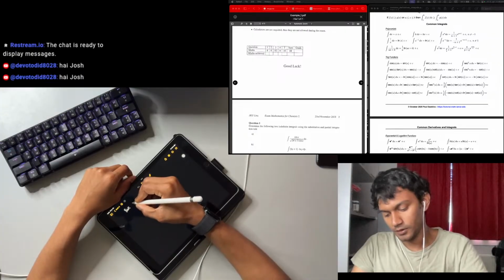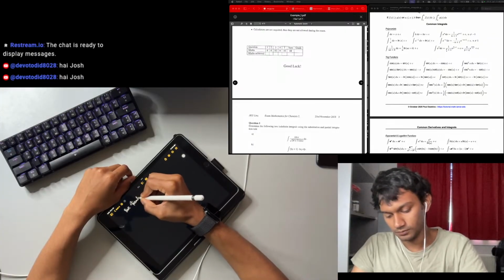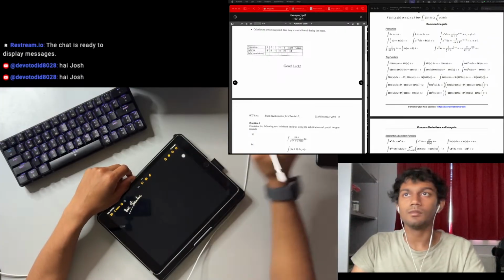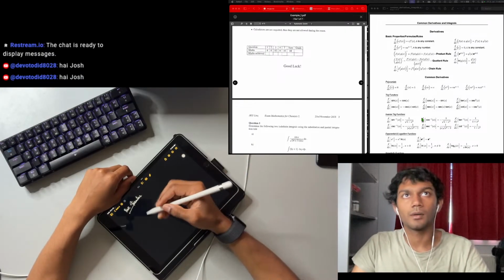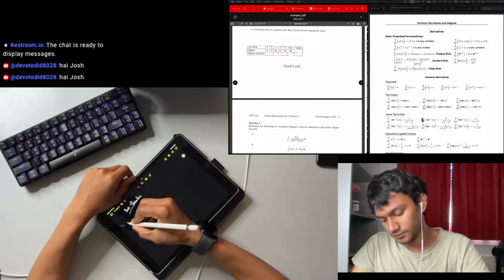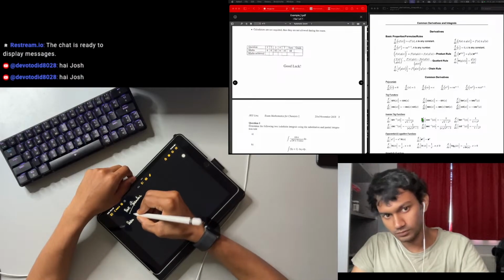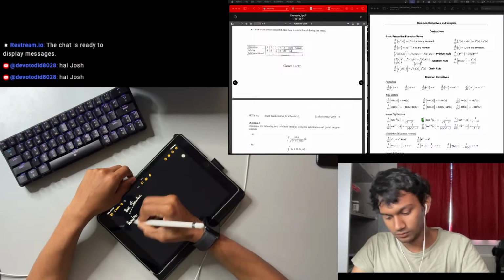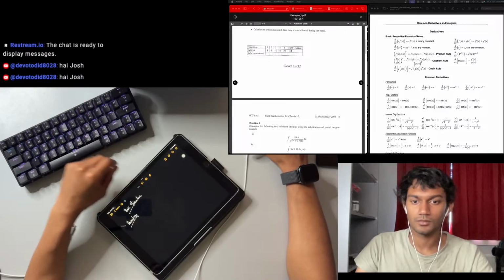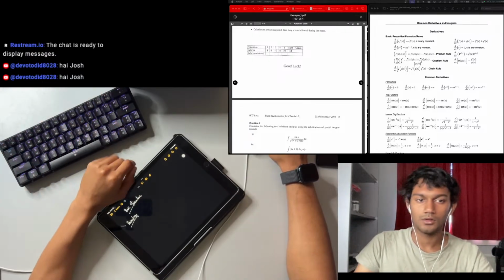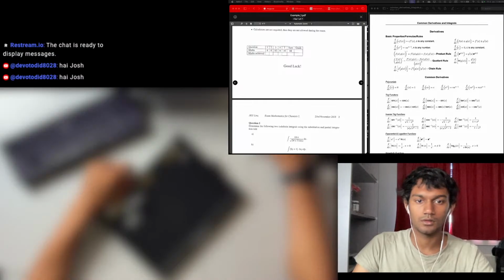Basic formulas, derivatives. Warning? Oh fuck, where did I post?